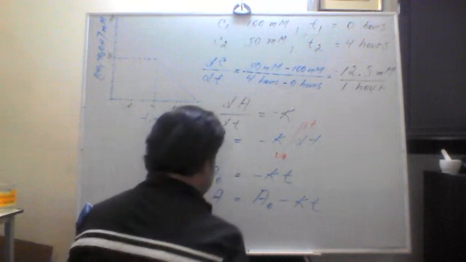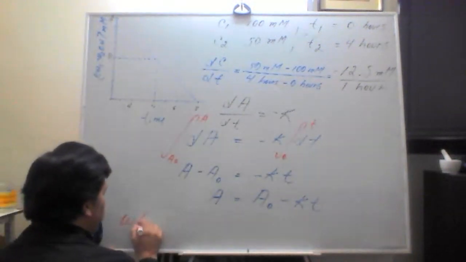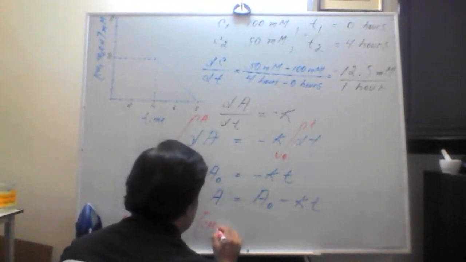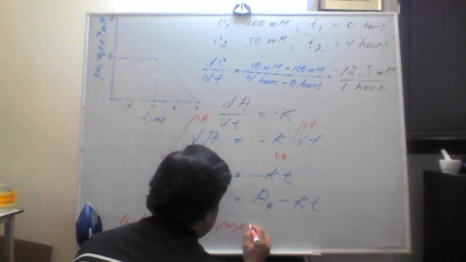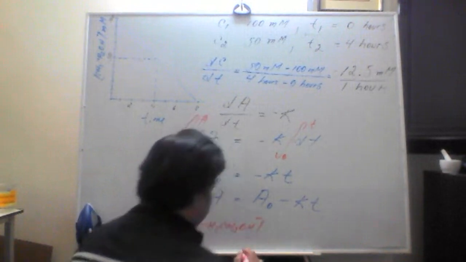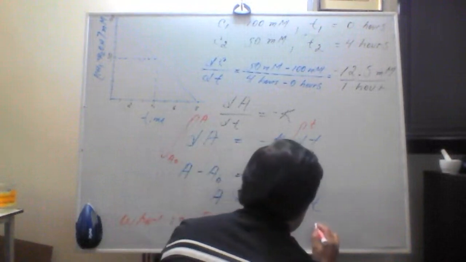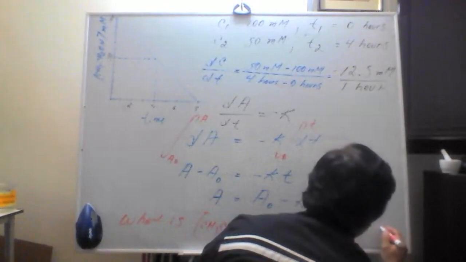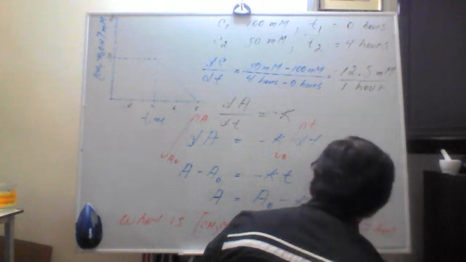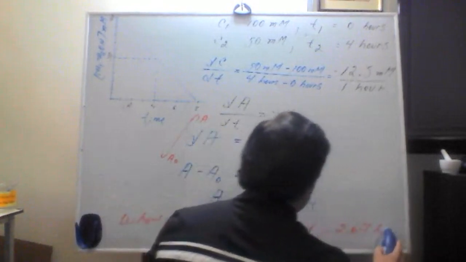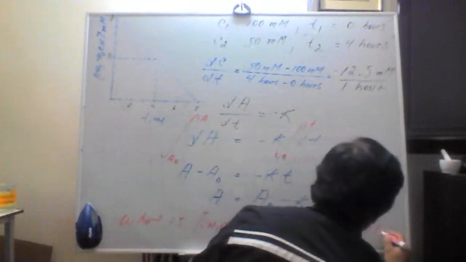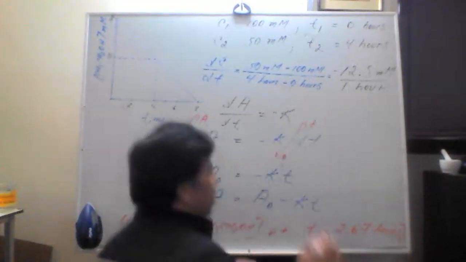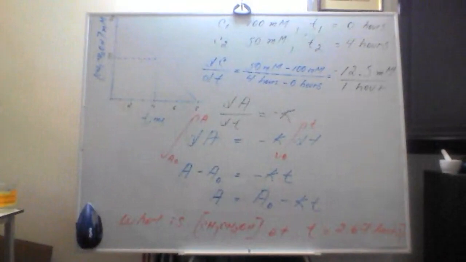And then we just write the little question here: what is the concentration of CH3CH2OH, ethanol, at time equal 2.67 hours? Yeah, 2.67 hours. So that's the question that we can answer now that we have the integrated format of the rate law.